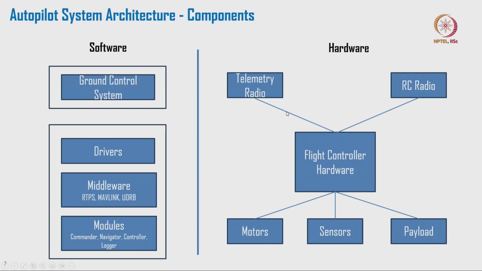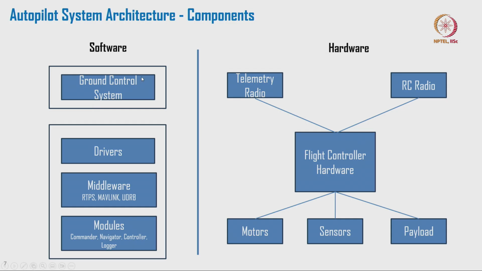In addition, we need two other things. Communication is very important, right? There are two types of communication. I can send my data, that's what we call telemetry radio. I send my current state or current situation of my payload, everything to the ground station. This telemetry radio is key for data to go out from my brain to the ground control system where the operator can see it, right?